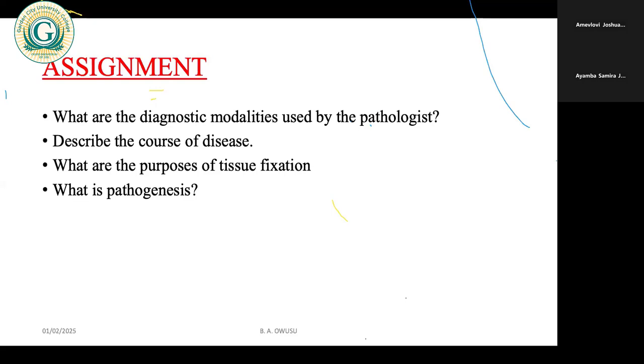No, please, but before you leave the line, I want this clarification before the class comes to an end. If I don't say something, don't assume. I said assignment. I gave it out to the class. I didn't say group assignment. If I had written group assignment or put it in brackets, then it would be a group assignment. So you submit it individually. Thank you, sir. Always welcome, sir.